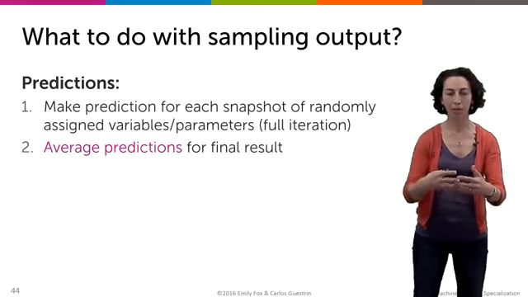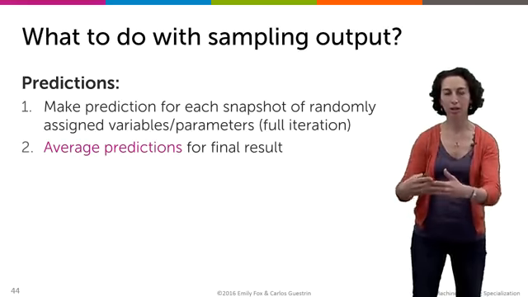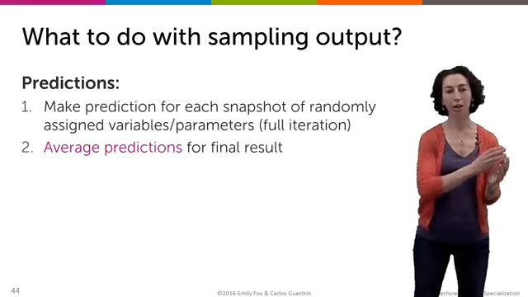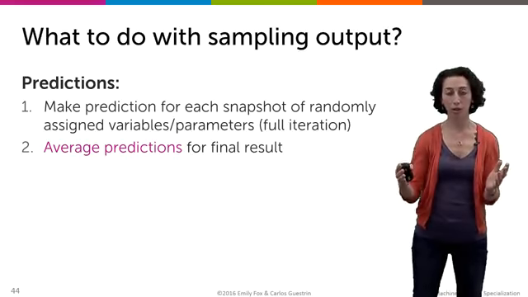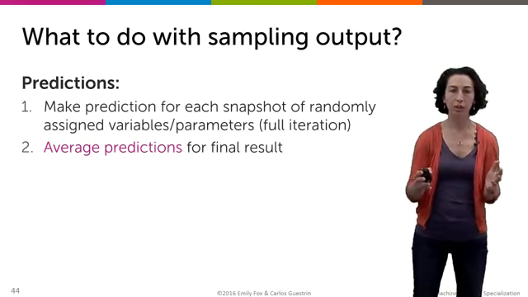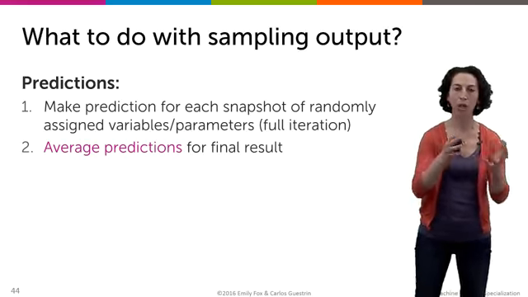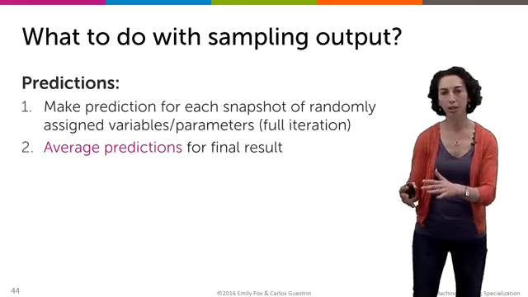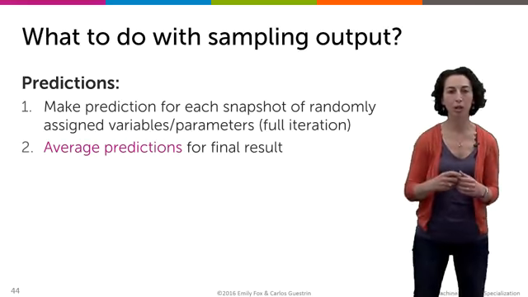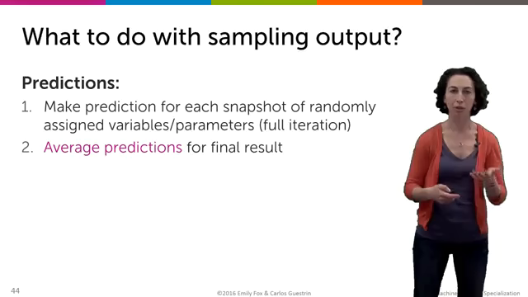Then we can look at our next sample, form a prediction, our next sample, form a prediction. Then we can average over these predictions across the different samples, and naturally, because of how the Gibbs sampler is exploring uncertainty, it's spending more time in high probability regions and less time in low probability regions. It's forming a correct prediction, a correct Bayesian average over the uncertainty in our parameters.